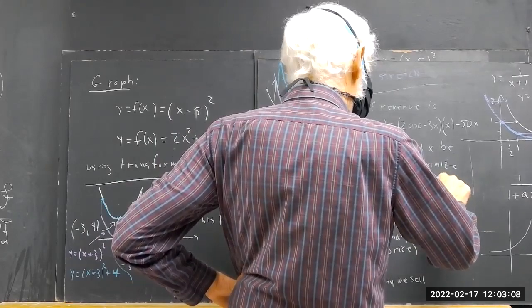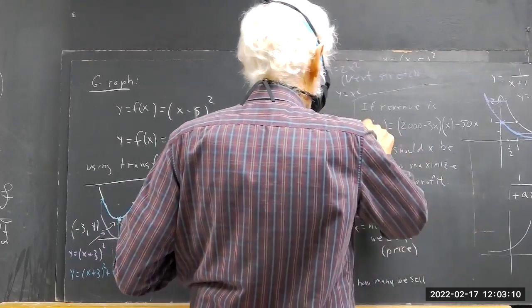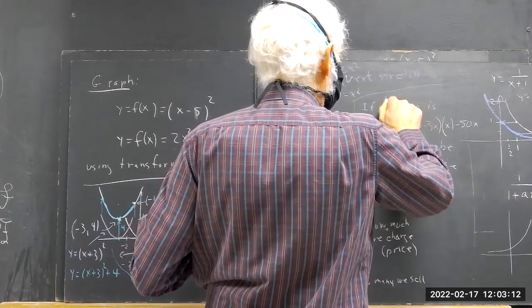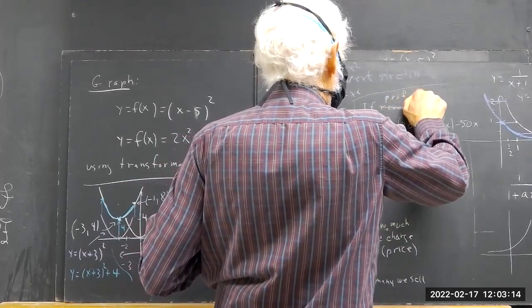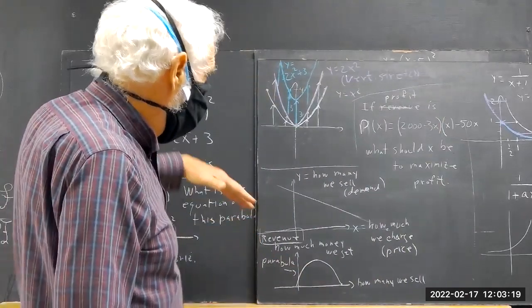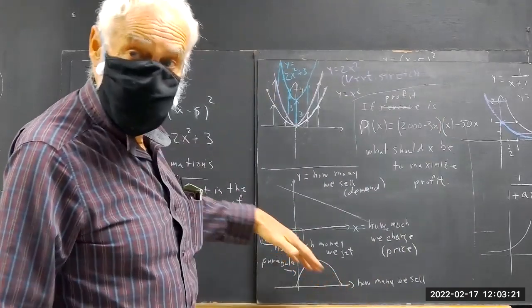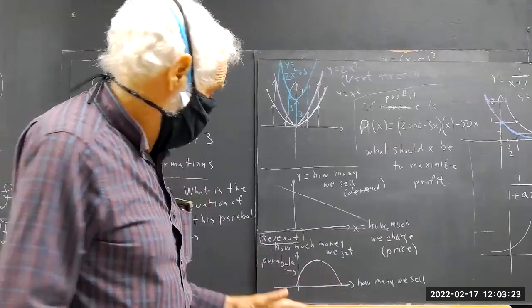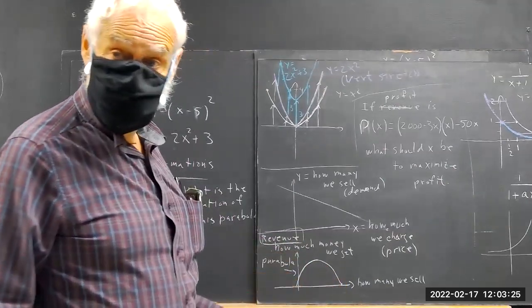Now, I just call this revenue, it's actually profit. The revenue would look like this. Your profit would add a cost function, which would skew this graph a little bit.